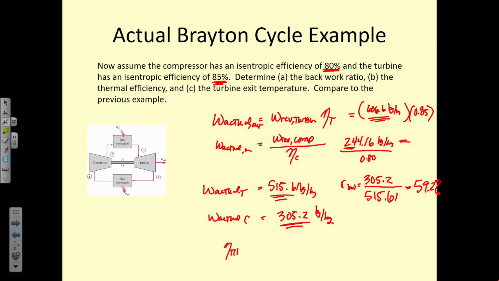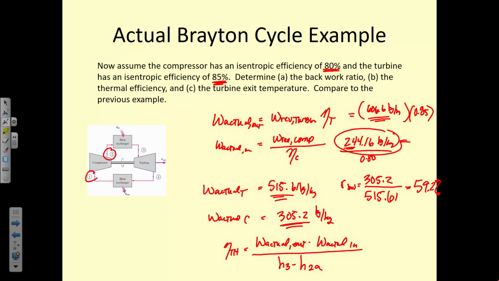And then our thermal efficiency is equal to the work actual out minus work actual in, divided by H3 minus H2 actual. Okay, so how do we find H2 actual? Well, we know our actual compressor work here.